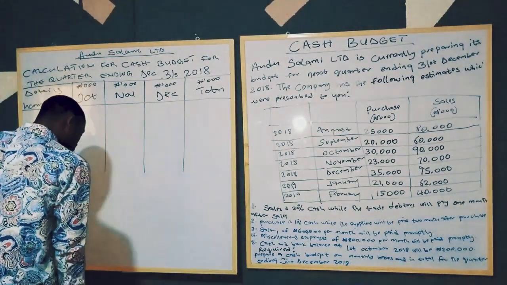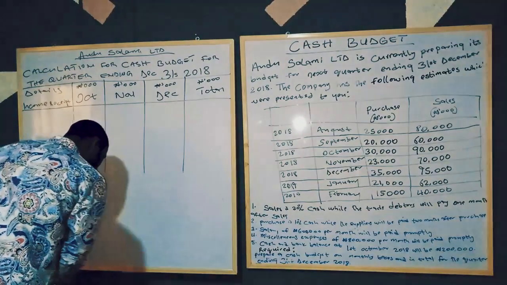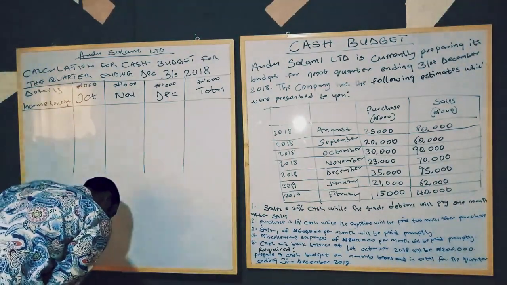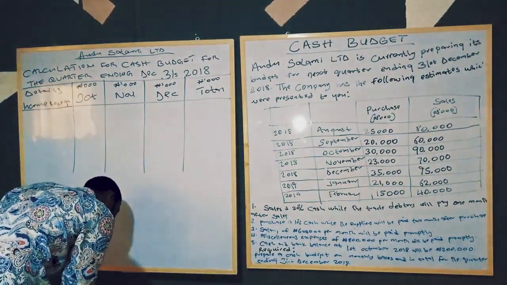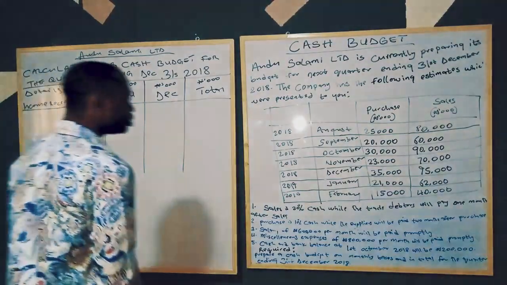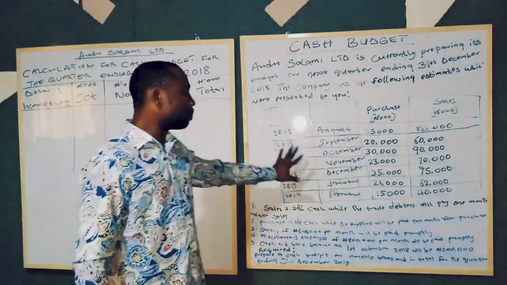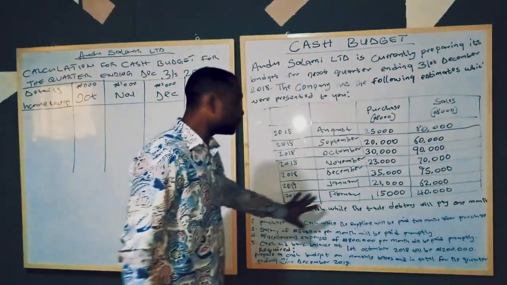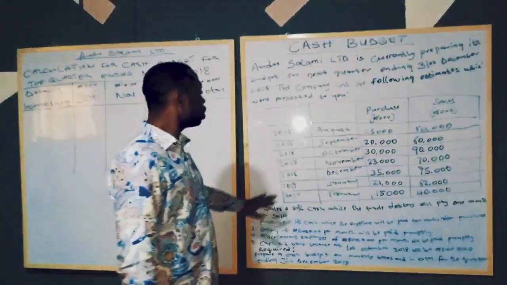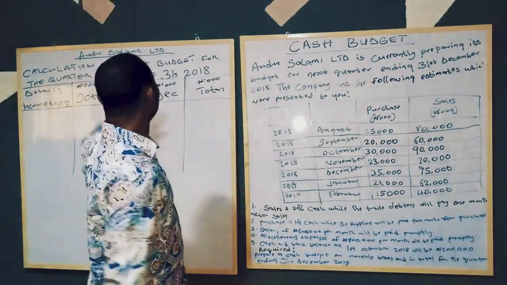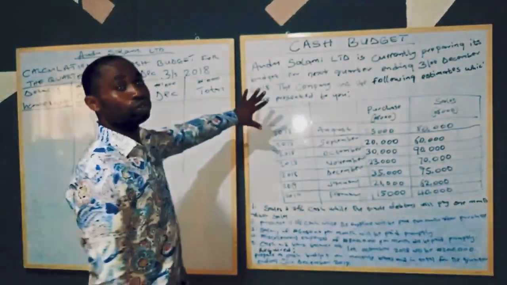From our income, we have cash sales. Yes, normally there used to be this type of question. There are some questions where our income will not be only from the sales of the goods.